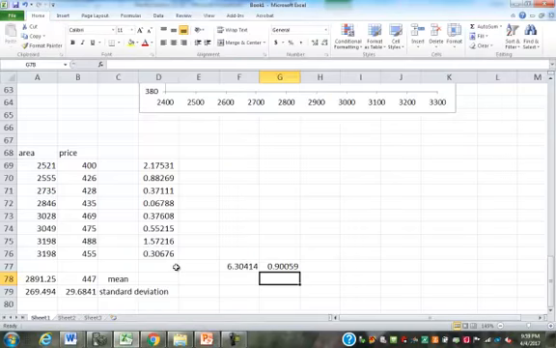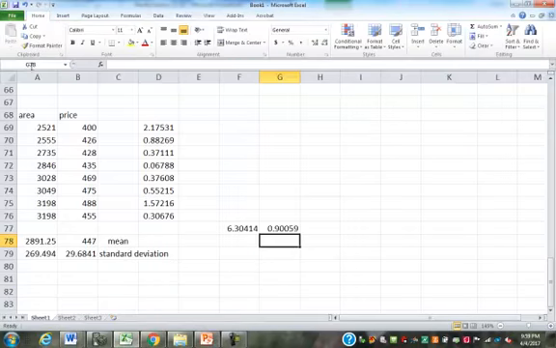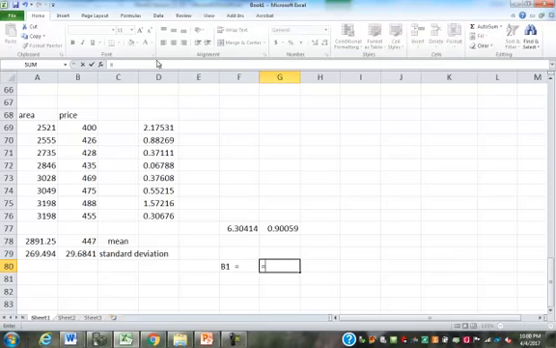So if we look back at this example here, we had the standard deviation of the y values and standard deviation of the x values, and here's r. So b1 would equal r times the standard deviation of the x divided by the standard deviation of the y, 0.8176.